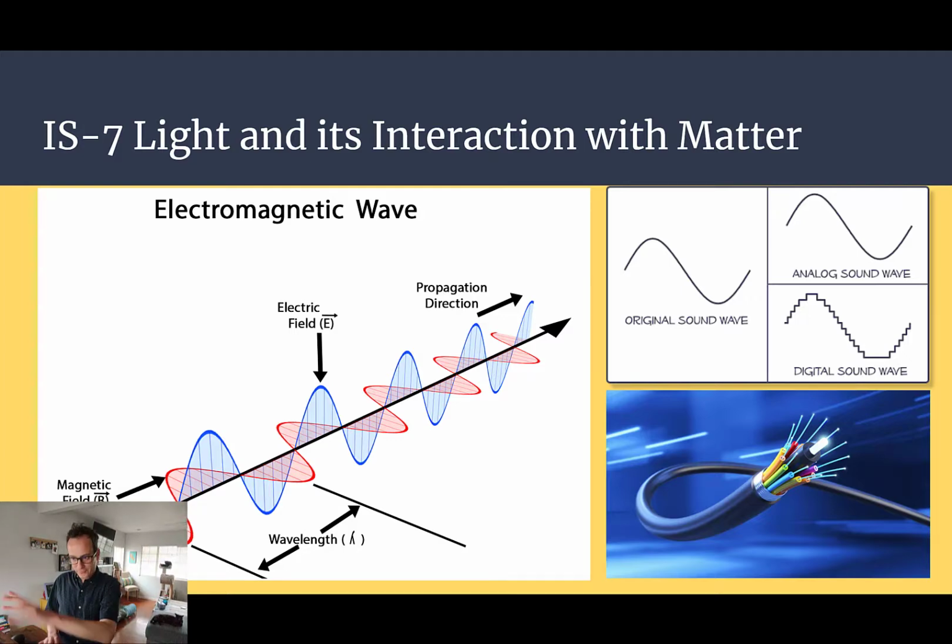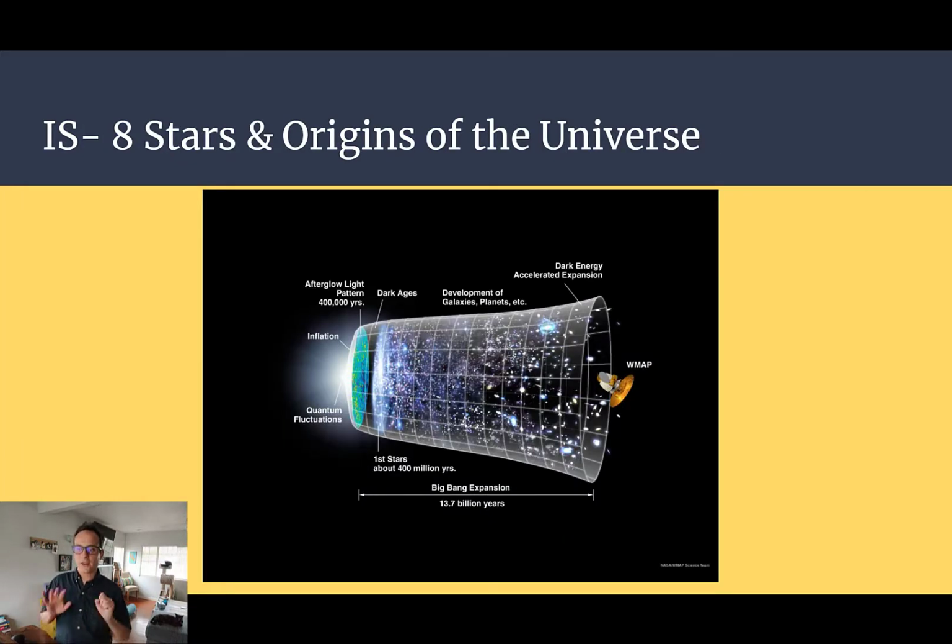Which all of this then leads to stars and the origin of the universe, the last instructional segment. So this is basically starting off with what stars are made up of and how do we know that, right? After already ending with our investigation on light, this leads to then, what are stars made up of, and how can we use spectral analysis to find out what they're made up of without even having to go there, and then what does that tell us about how stars are formed, right?